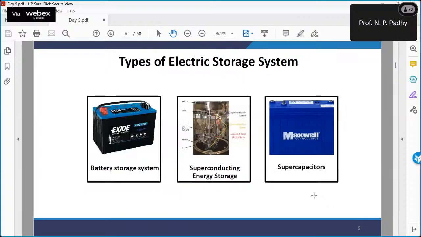Now, electric storage: we call it a supercapacitor, is another storage system, and superconducting energy storage is also one of the varieties.